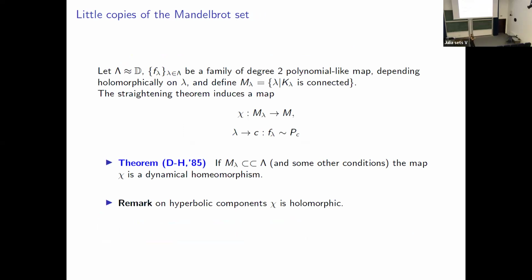So for every polynomial-like map F lambda, we have a filled Julia set K lambda. And this filled Julia set K lambda is either connected or not. Then we can define the connectedness locus for this family as the set of parameters lambda such that the filled Julia set K lambda is connected.